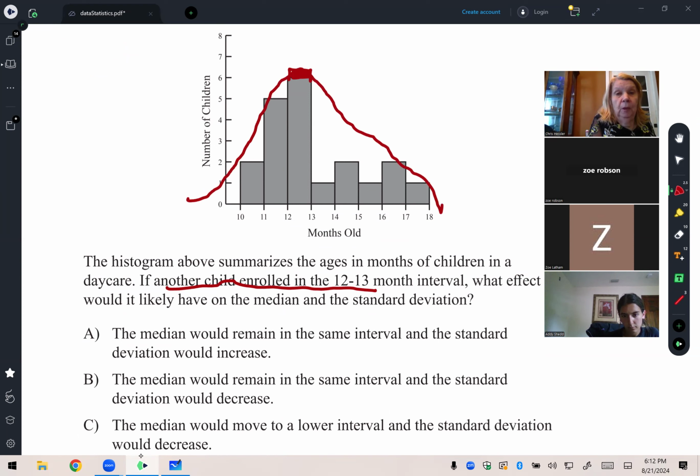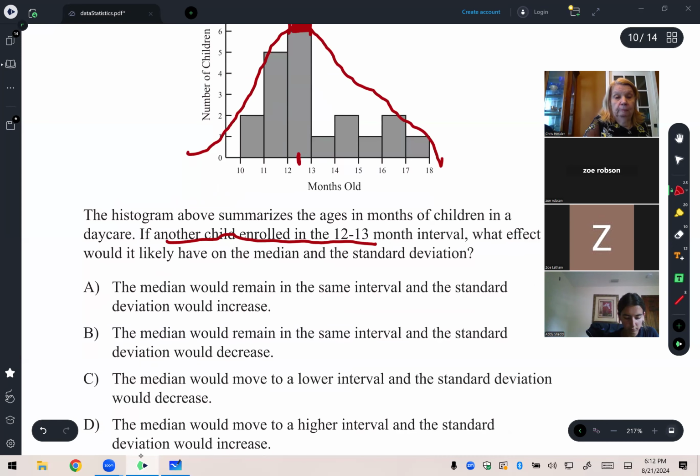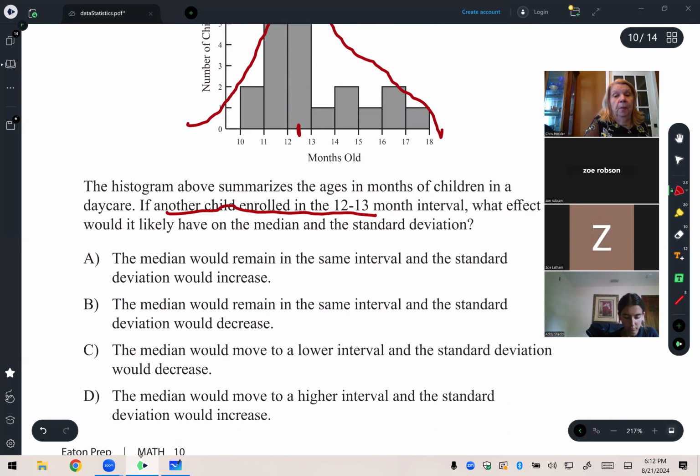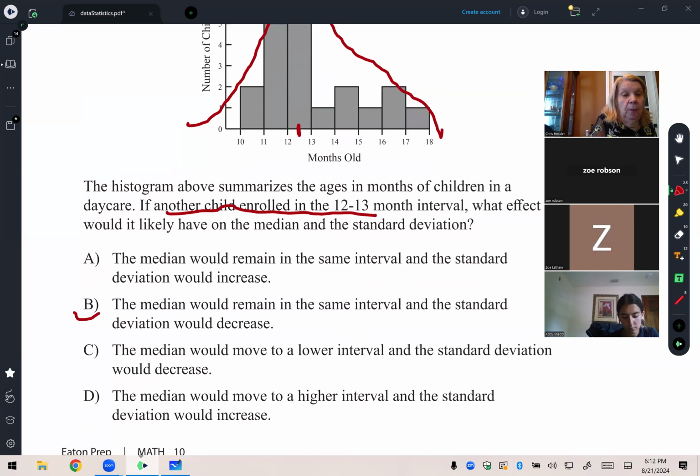That was the median, and it still is the median if we add one there. But the standard deviation is going to decrease because it looks more like a nose, less deviation.